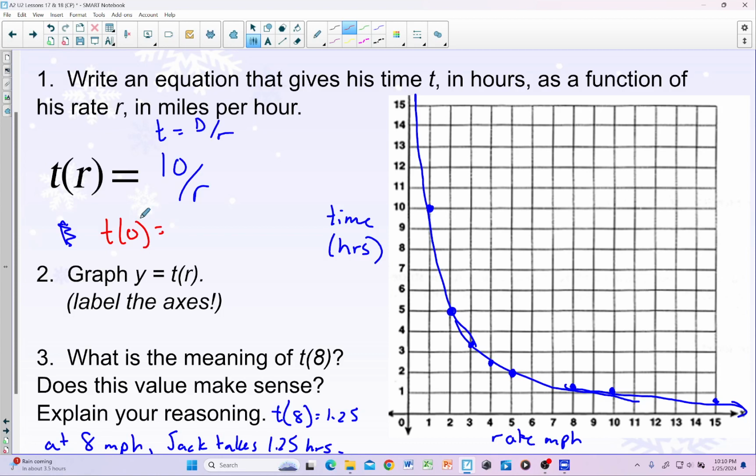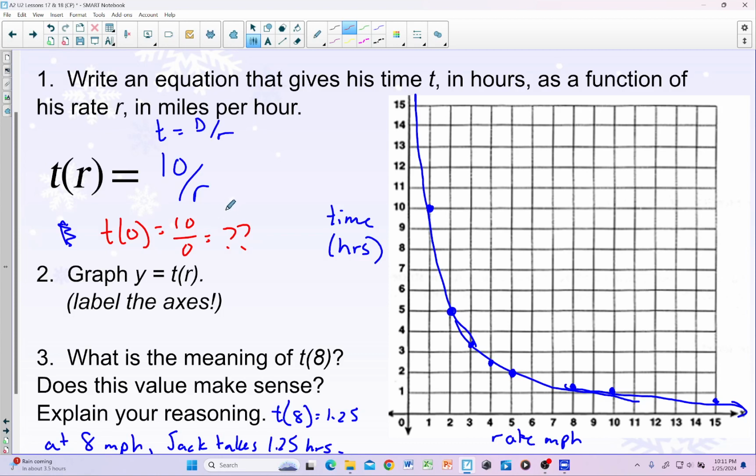Well, he's going 0 miles per hour, right? So 10 divided by 0 equals, well, wait a second. If he's going 0 miles per hour, what's happening? He stopped. He's not moving. If he's not moving, is he ever going to go 10 miles? No, he is not.